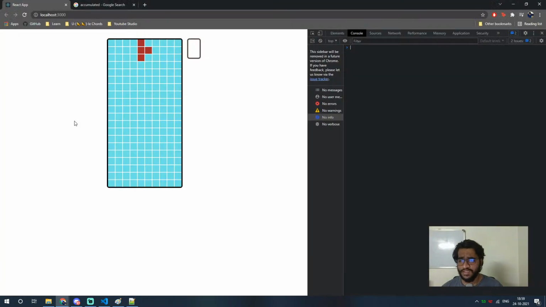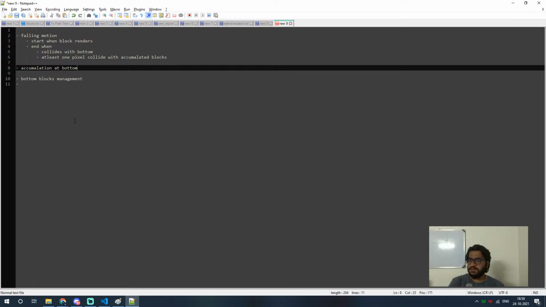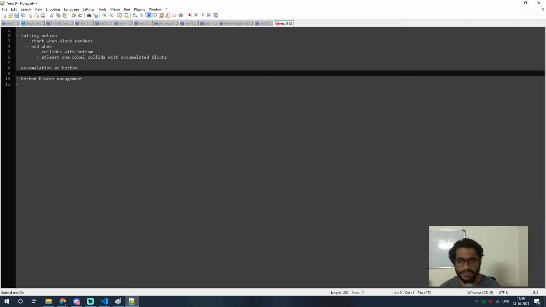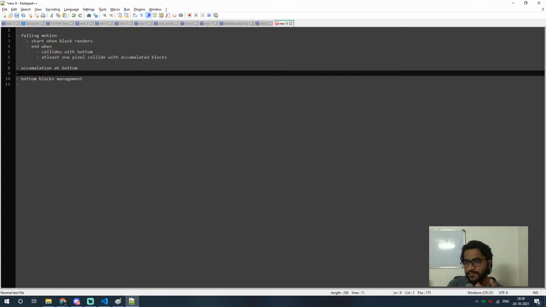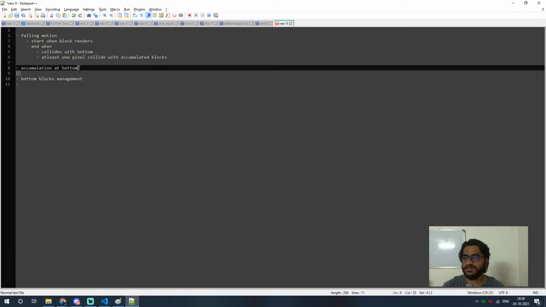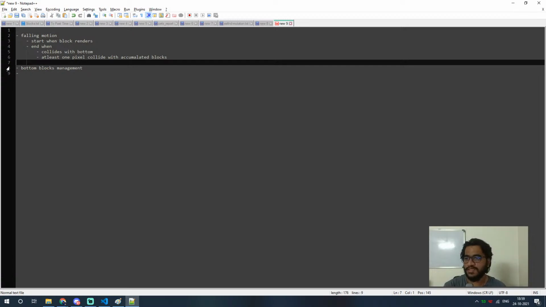And once we have done that, we also need to do bottom block management. Bottom block management and accumulation at bottom is just the same, right?